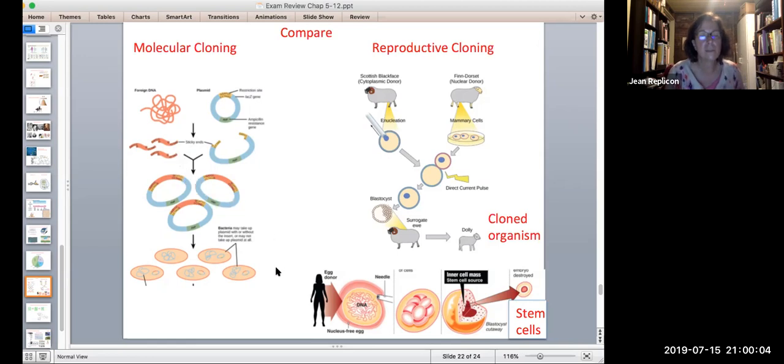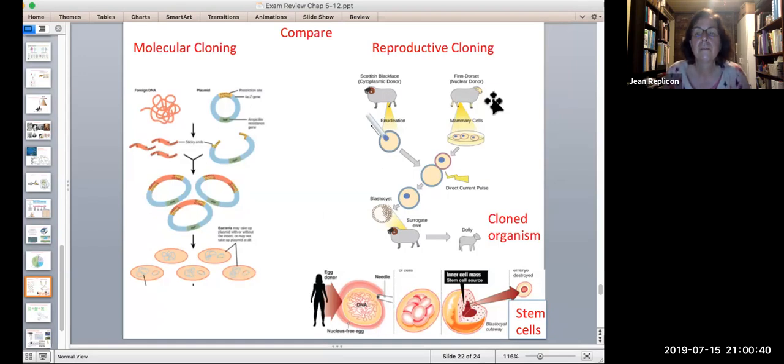They've been able to insert into plant cells particular genes of interest that have led to resistance to disease, resistance to herbicide, like for example, Roundup. So with molecular cloning, we're taking a molecule of DNA and inserting it into an organism. And then the result is going to be a genetically modified organism.